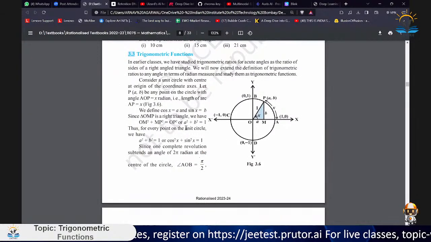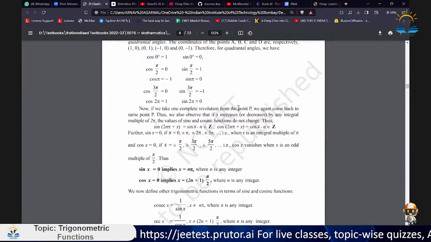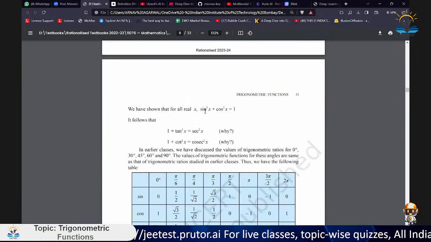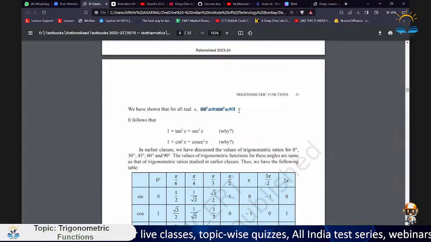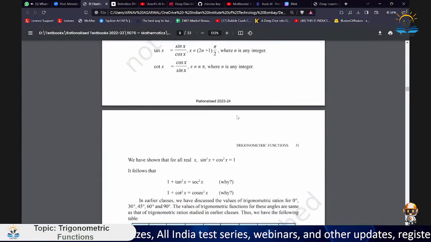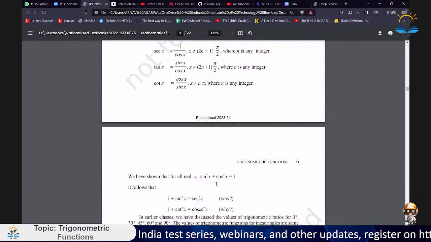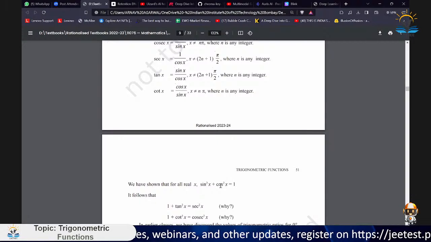Another thing is, we know that sin square x plus cos square x is equal to 1. This is the identity which you need to remember, and which you must have remembered by now, because it is used extensively in every subject. So sin square plus cos square is 1. And when we divide this whole equation by cos square x, we get tan square x plus 1 is equal to sec square x, right?